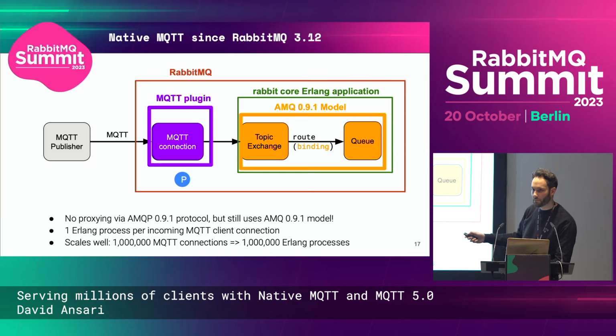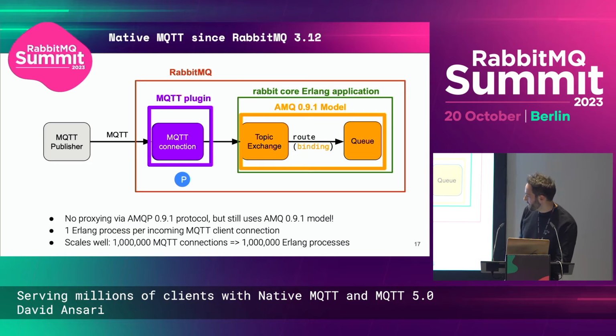It's great that we do not proxy anymore via the AMQP 0-9-1 protocol, because this means we now get higher throughput, lower latency because of fewer message hops, and also MQTT is not constrained anymore by the subset of AMQP 0-9-1 features it provides. And it's also great that we still use the AMQP 0-9-1 model, because as shown previously, this is what really powers RabbitMQ. It provides the flexibility and cross-protocol interoperability of RabbitMQ.